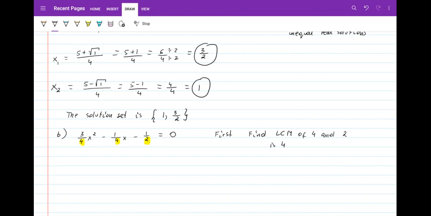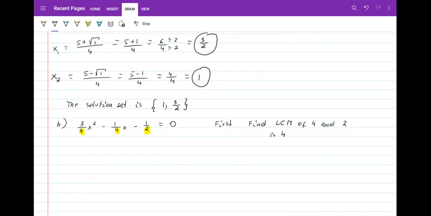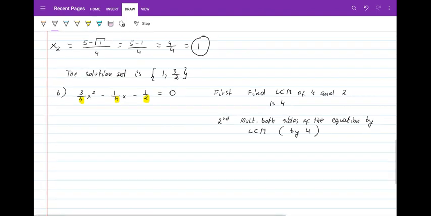When you find that lowest common multiple, the second step will be multiply both sides of the equation by lowest common multiple. So in our case, by 4. By applying those 2 steps, our quadratic equation will become quadratic equation but without fractions.